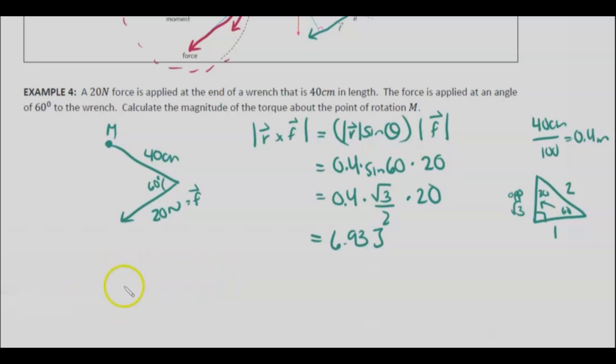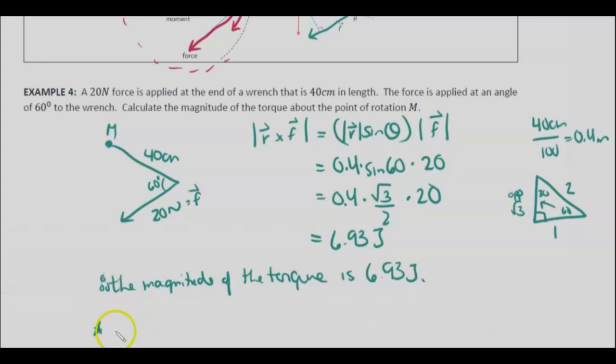So we can say the magnitude of the torque is 6.93 joules.